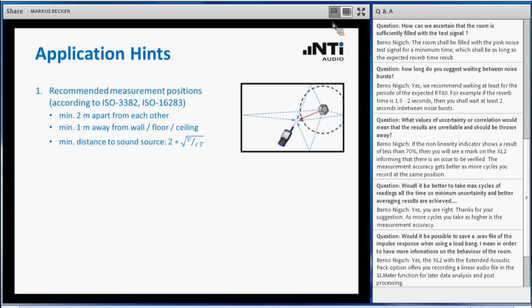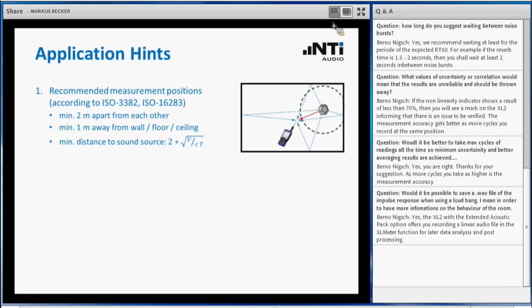And what is very important, that the minimum distance from the microphone to the sound source has to be in the diffuse field. And you see here a formula, but first let me explain what I'm talking about. The signal source creates a direct sound that is radiated towards the measuring microphone. And then you have a lot of reflections.